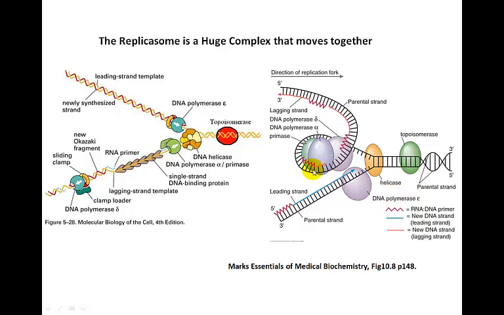They're all moving from left to right. So here's the loop we've made, and now we're extending towards the preceding primer. When we reach the primer, the polymerase alpha will remove the primer and we will fill in the gap. Ligase will come in and we will ligate these strands together. So very similar picture to what we saw in prokaryotes, but the names of some of our players have changed.